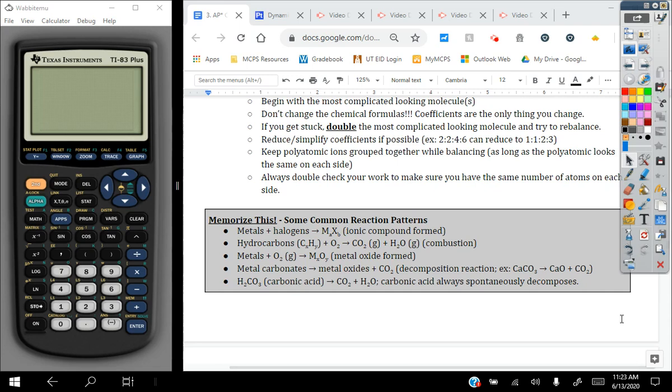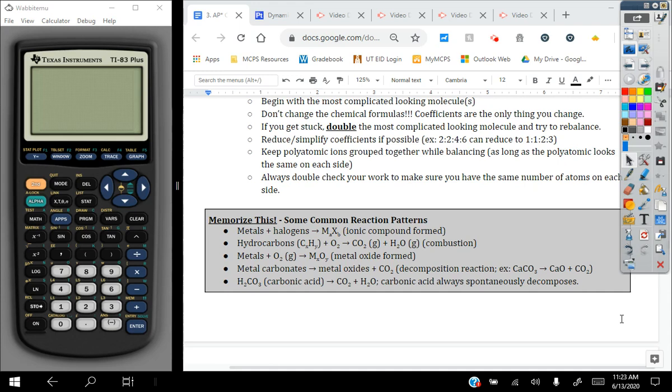M sub A, where that's your metal and A is your subscript for that metal, and X sub B, where X is your halogen and B is your subscript for that halogen. We have hydrocarbons, C sub X, H sub Y, where X and Y are your subscripts, react with oxygen in a combustion reaction. As it burns that hydrocarbon, we form CO2 and water.